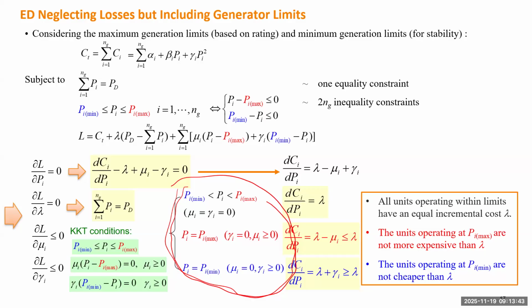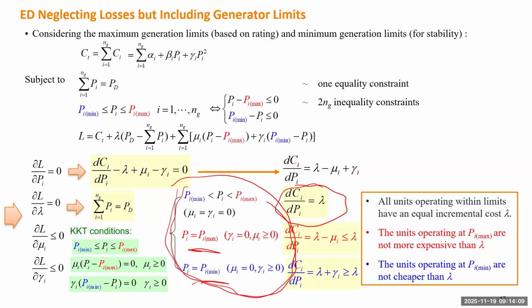It's not reaching either limit, or it's just reaching one of the 2 limits. So if this generator doesn't meet any limit, the incremental cost for this generator will be the same as other generators not reaching the limit. Okay, so they will operate at exactly the same incremental cost as a formulation without the generator limit.